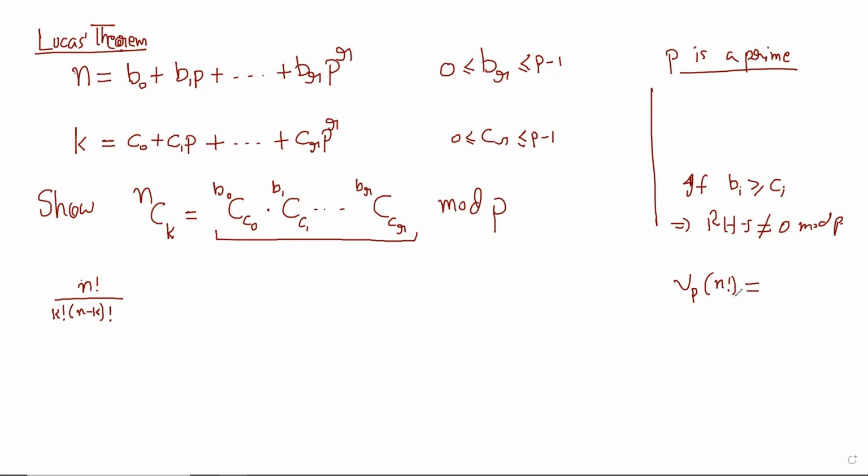Let's take some small cases and see. You will get something nice. Because of course, in general, we know this. There's no factorial here, of course. So what will it become in terms of the expansion?